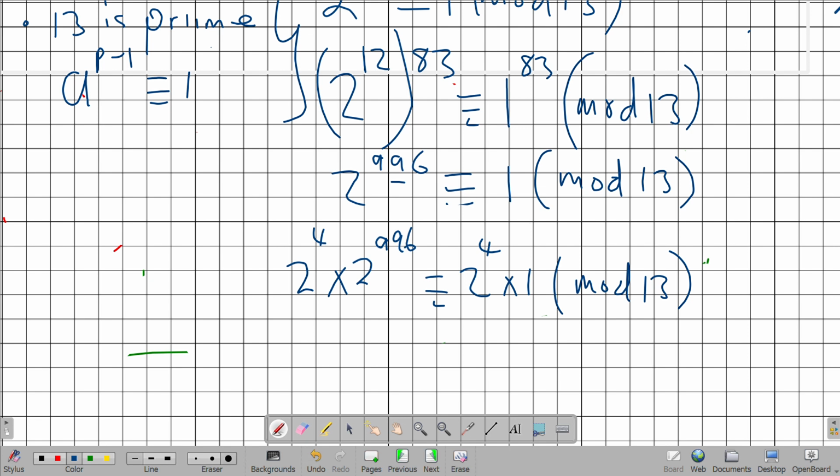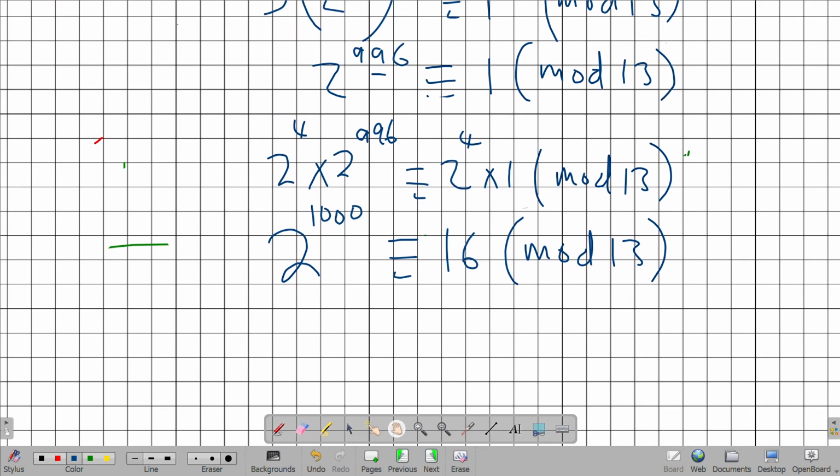We know this is 2 to the power of 1,000, and it must be congruent to 2 to the power of 4, which I believe is 16, under mod 13. However, 16 is greater than 13, so we apply the residue again. Take away 13 here, we are going to have 3. That's our answer. Right, that is it for me.